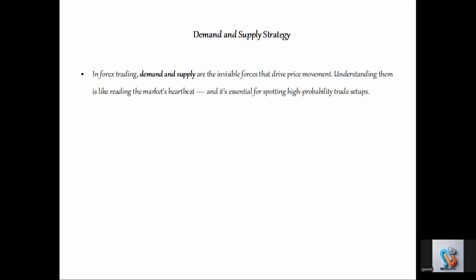When we say demand, we are simply referring to buyers, people who want to come to the market to buy. And when we say supply, we are referring to sellers who bring products to the market to sell.